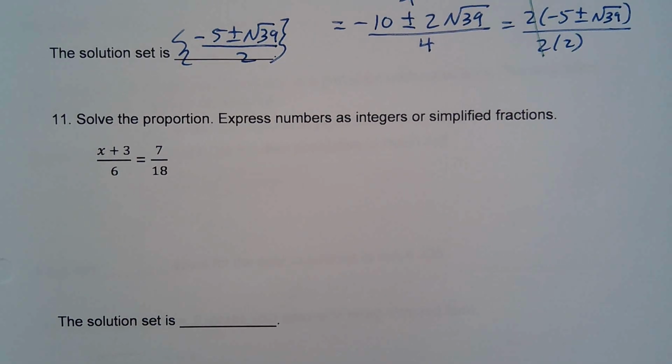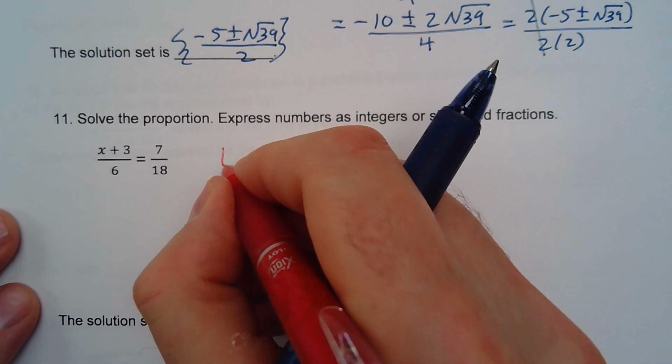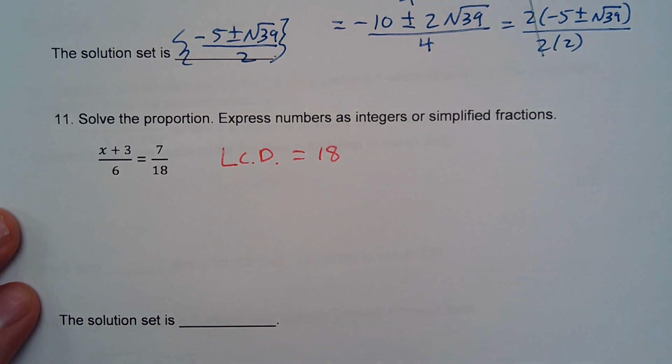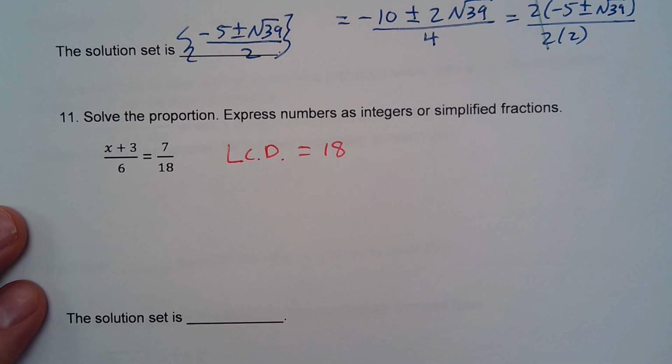Let's move on to number 11. So here we're going to solve this. My LCD here is 18. So I'm just going to multiply both sides by 18.